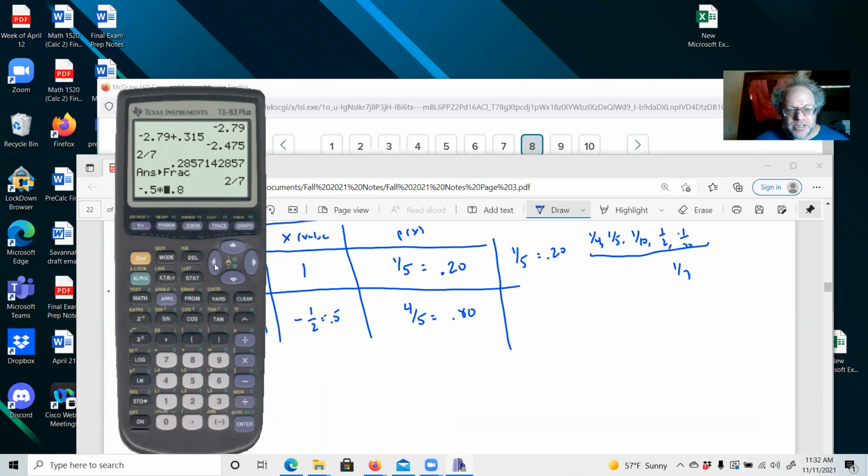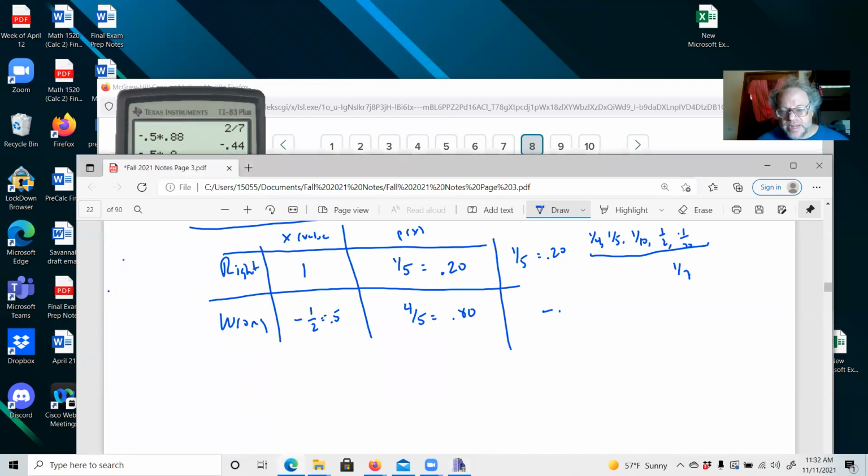Oops, I don't want two multiplications there. I just want 0.8. So -0.5 times 0.8. But again, if you take the math, you change it back, you could get it back to a fraction if you wanted to. So this is going to be -0.40.